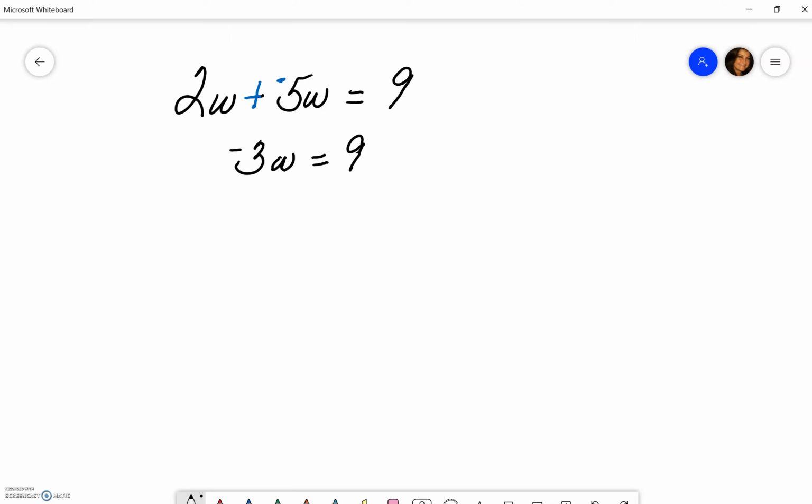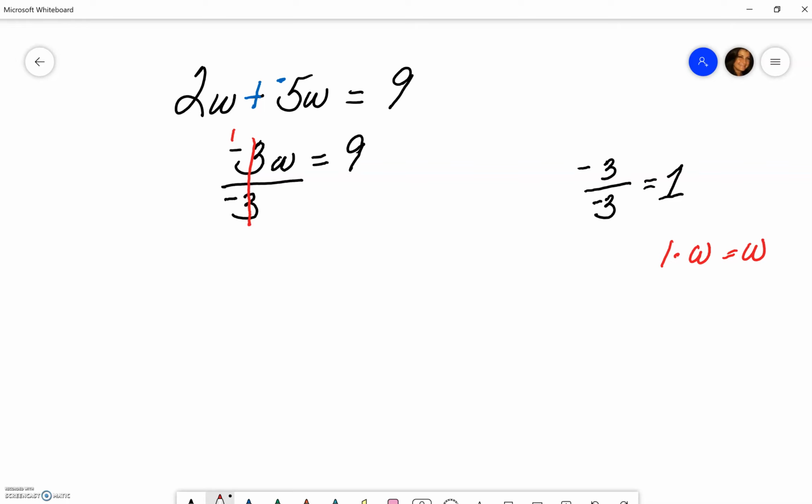Now, how do we get the 3 off of the w? Well, remember, a negative 3 divided by a negative 3, the signs are the same, so you'll get a positive answer, and that equals 1. So if we divide it out by negative 3, this will reduce down to 1, and then 1 times w just equals w, right?